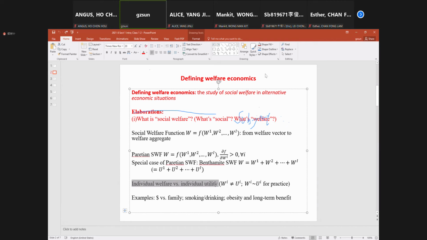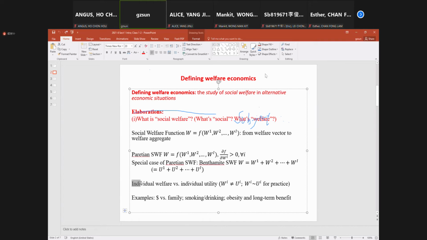From basic-level or intermediate-level economics, we have already become familiar with the concept of utility. And now one question naturally comes to mind. Is welfare the same as utility at the individual level?